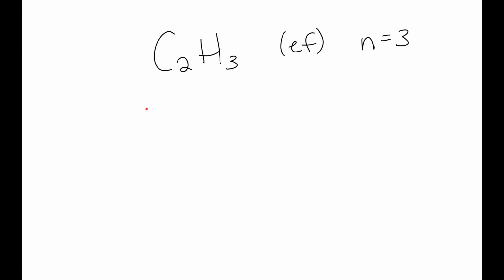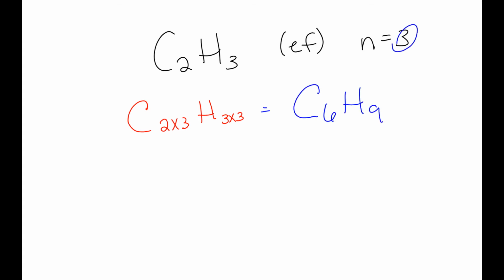You would do C, 2 times 3, and H, 3 times 3. So you would end up with C6H9. This multiplier multiplies whatever little numbers are there. If there's no numbers, then that's the number you stick there. But if there are other numbers, you actually have to multiply. Hopefully that clears that up.